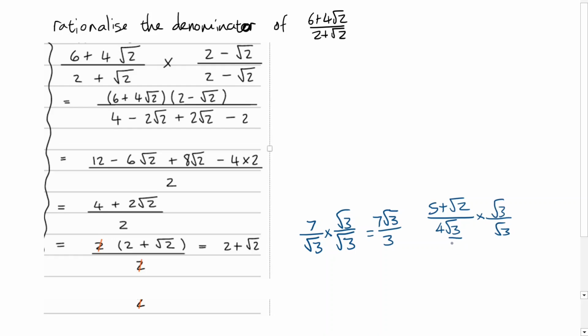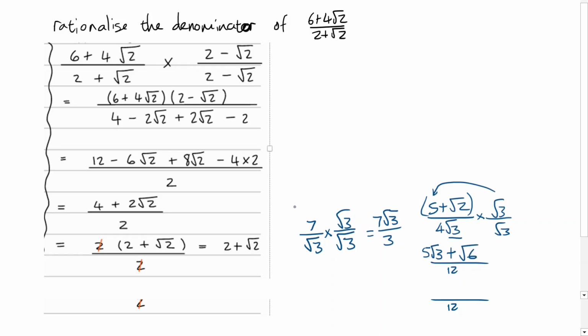And so that would then on the bottom make root 3 times root 3 is 3. 3 times 4 is 12. And on the top line, I would times root 3 by 5, which cannot go together, and root 3 times root 2. Remember, I just make a big square root and I times 3 by 2, so that's root 6. And that would be your answer.